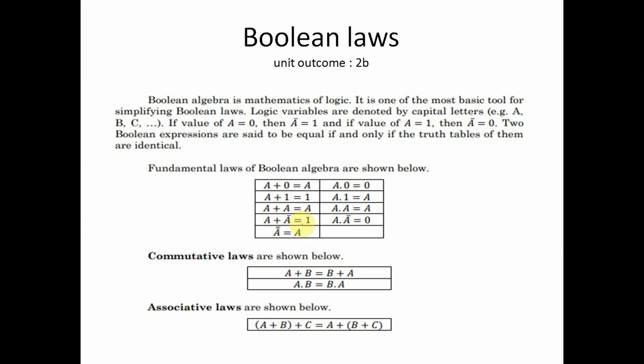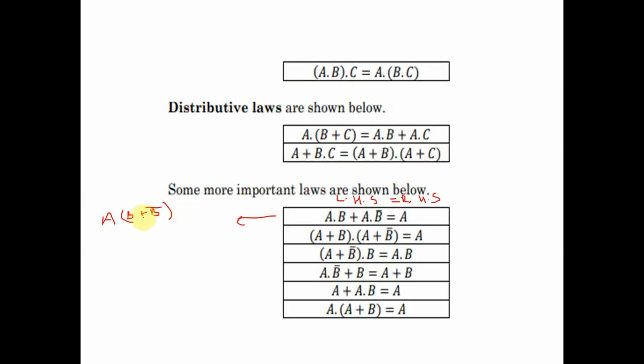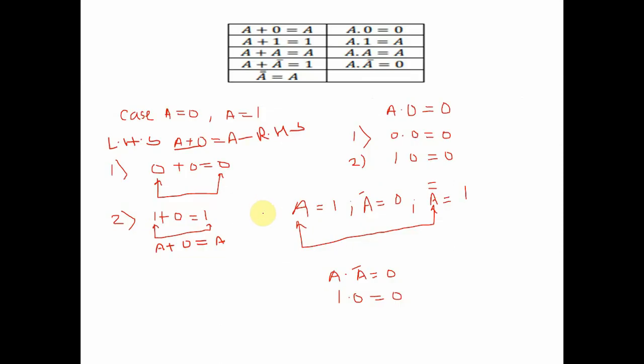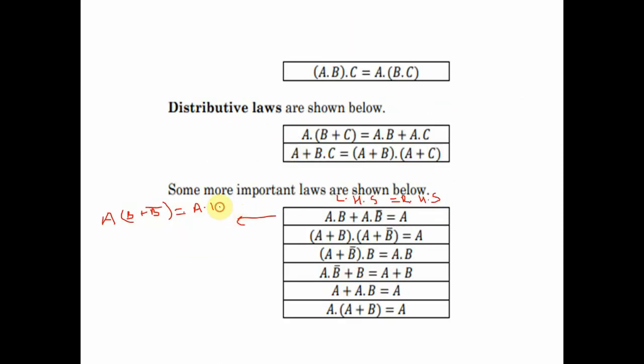Similarly, B plus B bar is also 1. So instead of B plus B bar, I am putting only A dot 1. But the value of A dot 1 is nothing but A. So the LHS is A dot B plus A dot B bar is equal to A, and this is the similar A on the RHS. So we prove the LHS is equal to the RHS.